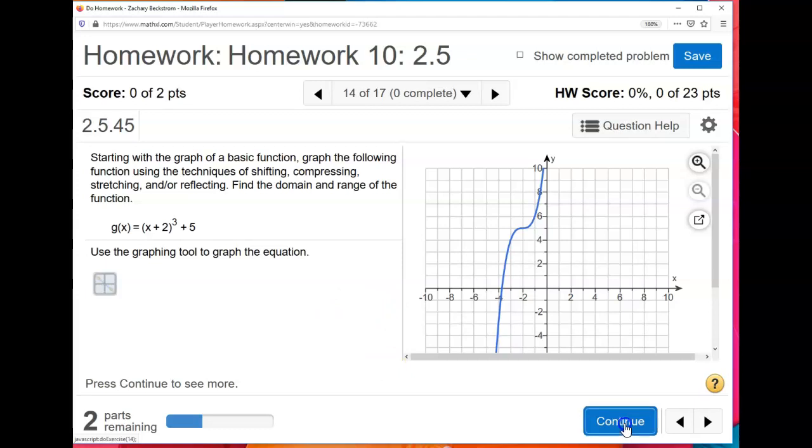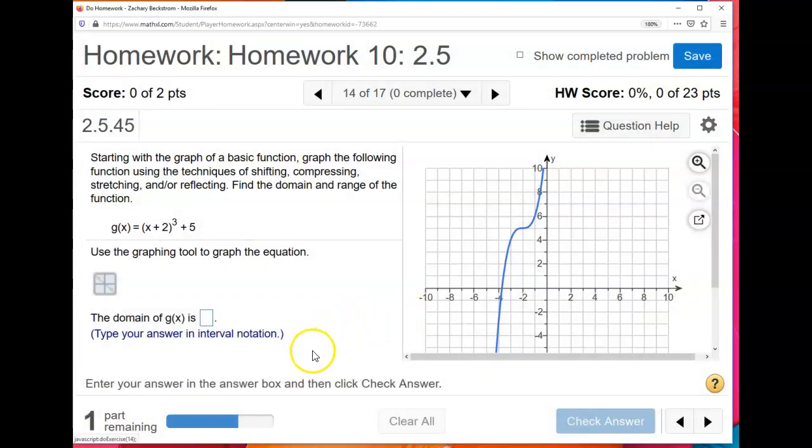All right. The next thing asks, what's the domain of our function? Remember from previous problems that it's generally going to be negative infinity to positive infinity unless there's some x value that we can't put in there. But here, there are no radicals, and there are no ratios with a variable in the denominator.